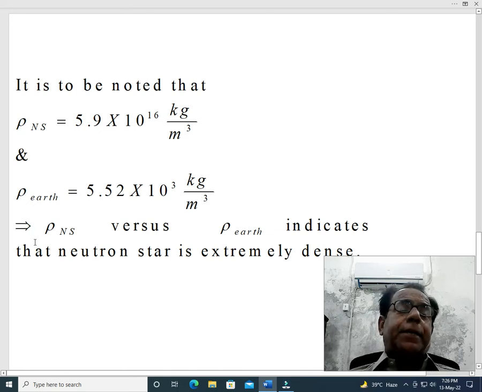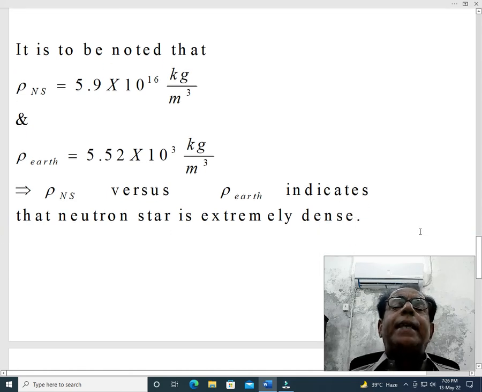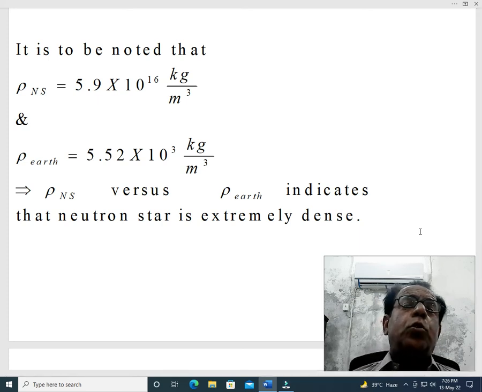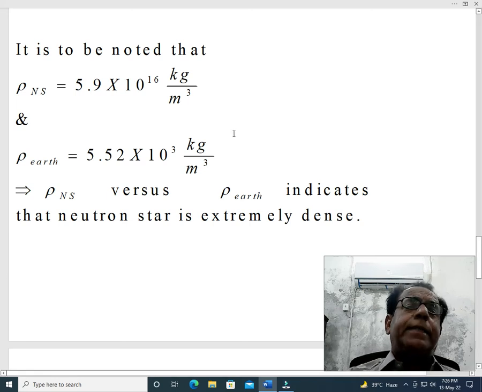This implies that the density of the neutron star versus the density of the earth indicates that the neutron star is extremely dense. Dear students, how have we reached this conclusion? We have reached this conclusion because the density of the neutron star involves 10 raised to the power 16, while the density of the earth is only 10 raised to the power 3.